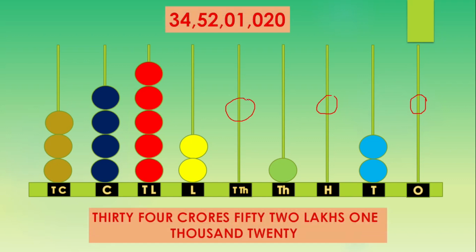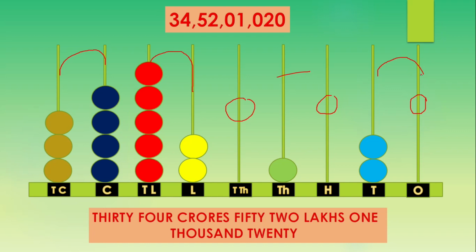So what is the number here? The number shown on this abacus is 34 crores, 52 lakhs, 1020. Right?